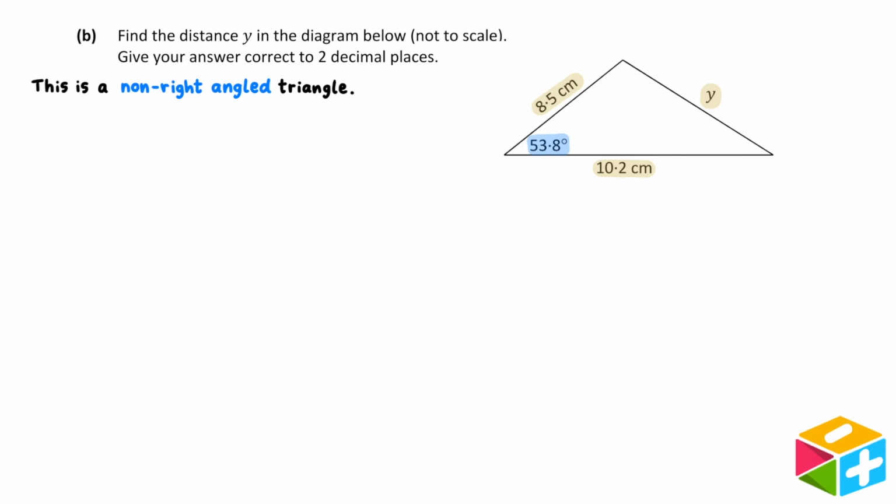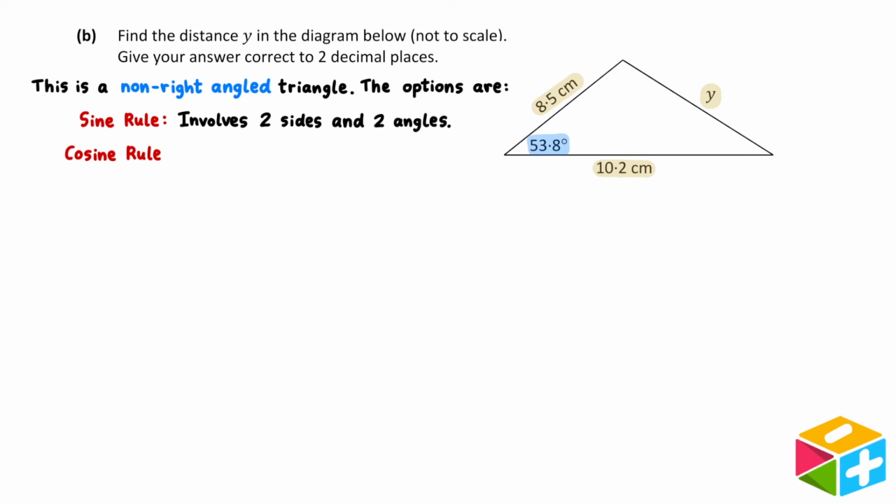Similar to part A, this is not a right angle triangle. And there's 2 main options for finding unknowns in this situation: the sine rule or the cosine rule. To determine which of these to use, it's useful to think about the number of sides and the number of angles involved.